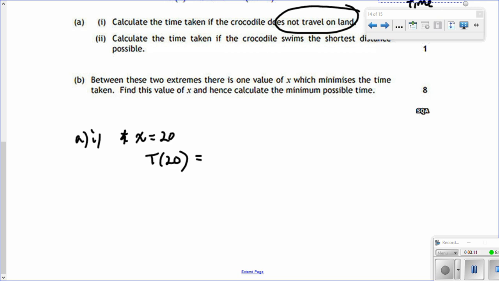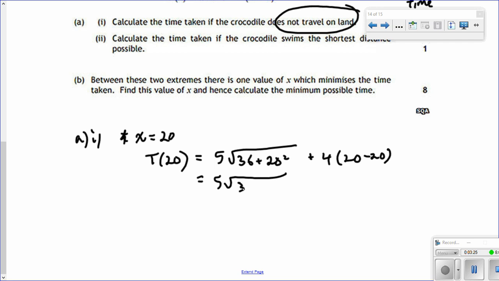Okay, my function is that, which will be 5, and then 36 and 400, and 4 times 0. So there's no amount of time spent on land, it just swims the whole time.